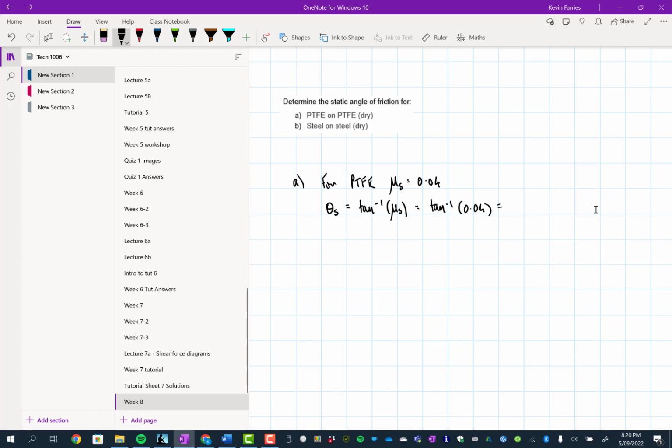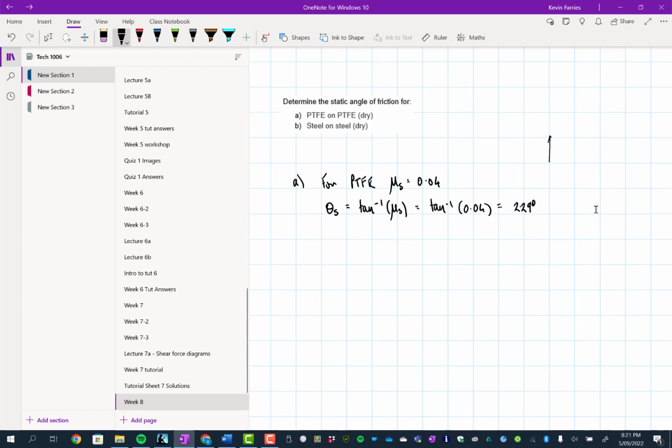So just stick that in my calculator. 0.04 is 2.29 degrees. Okay, so it's got a very low angle of friction.